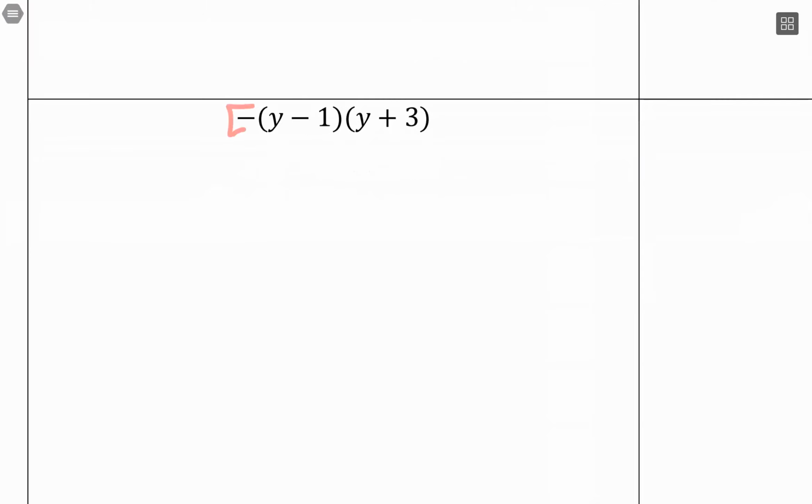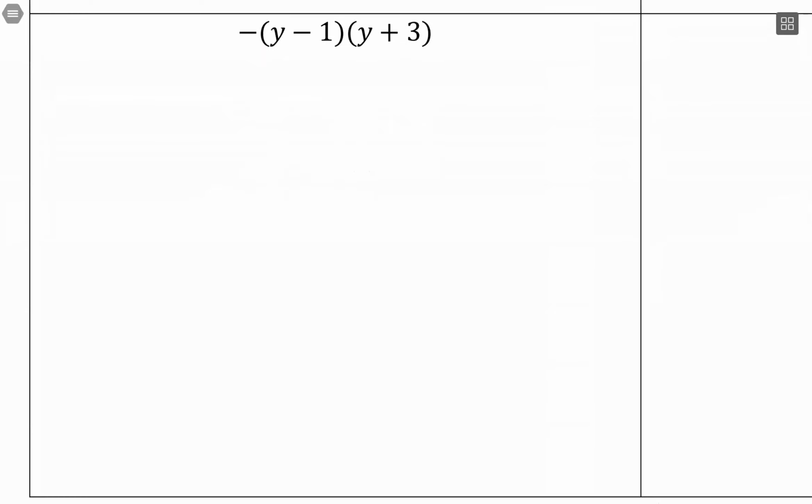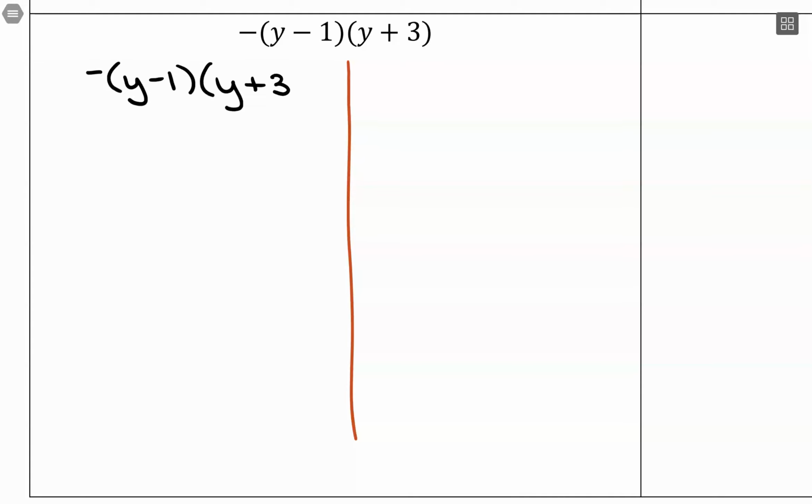Alright, if we have something out front here, there are two ways to go about this. In fact, I'll even separate this for the two different ways. The first way is that we could FOIL first. So if we FOIL first, first, outer, inner, last, that negative is going to stay out front.